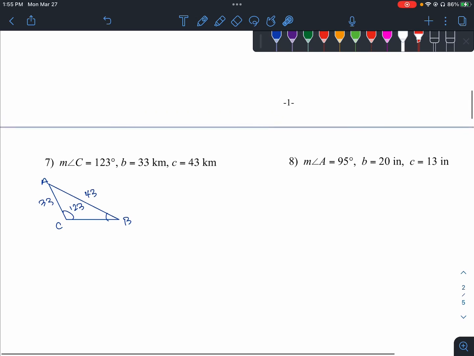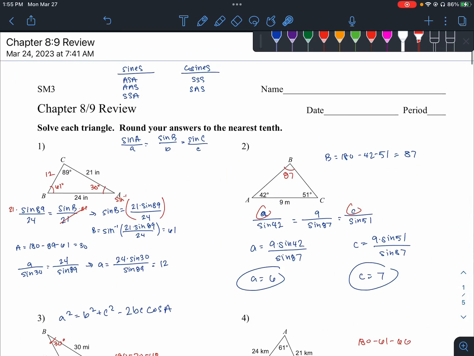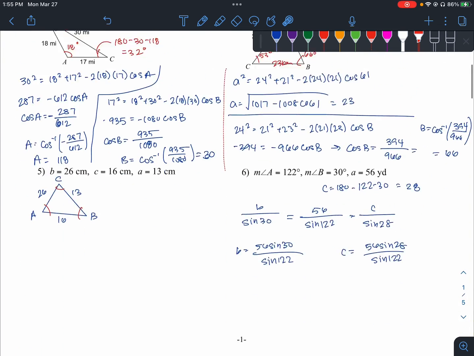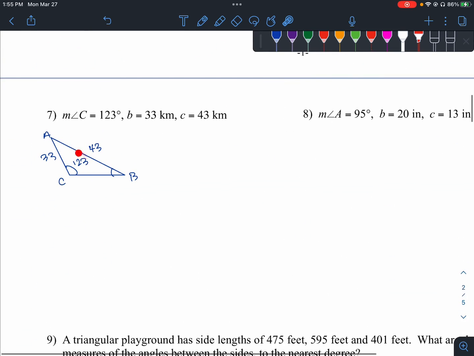So since it's a side, side, angle, that's going to be law of sines. That's going to be very similar to what we did in number 1. So side, side, angle, you can follow the same exact process that we did here. And you can solve this one if you need help getting started. Since I know C, you can start with that.